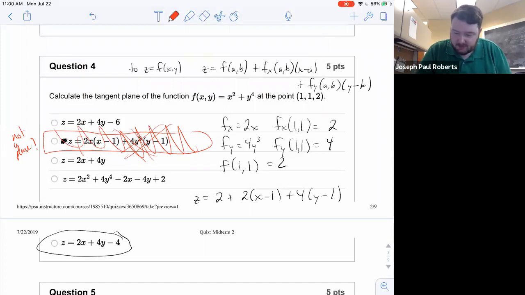So that's sort of the standard calculus mistake, is a lot of times people forget to plug in these numbers to get equations that represent either tangent lines or tangent planes or anything like that. Don't fall into that trap. Make sure you're getting something that you can recognize as a plane equation. So as soon as you see this question, you're like, wait a second, both those are complete and total nonsense.